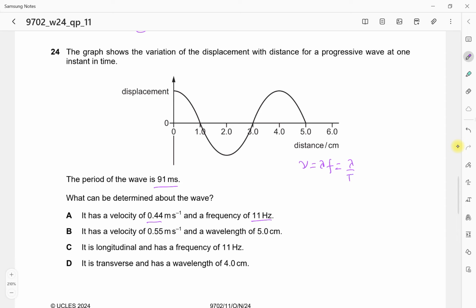And this is the same as the wavelength from the graph. The wavelength is, I think the wavelength is 4 meters. This is the wavelength, which is going to be 4, it's actually 4 centimeters. That is 4 times 10 to the power of minus 2.